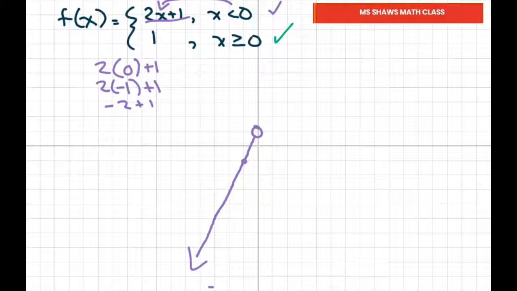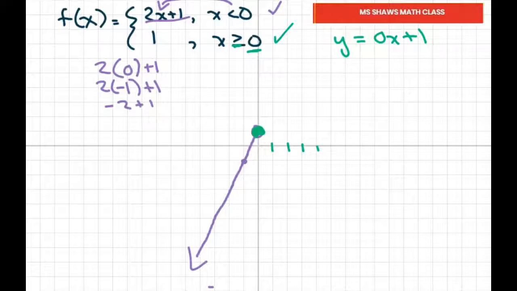Now for this portion, that means at 0, plug in 0, it can equal 0, so that goes to 1, so that closes in that. Every other number after here always goes to 1. This is like saying y equals 0x plus 1.